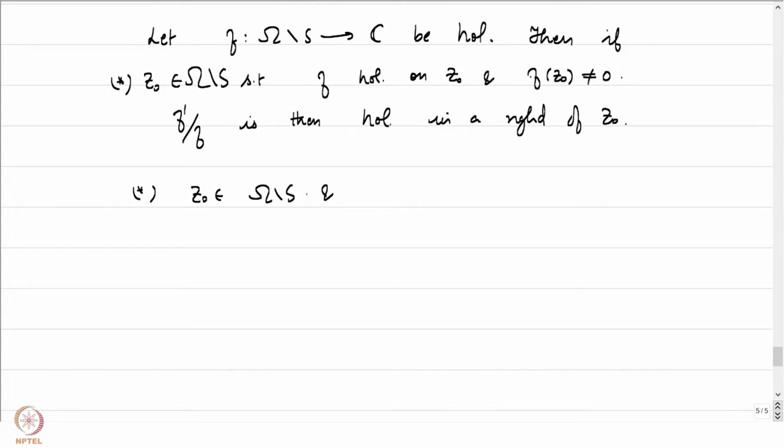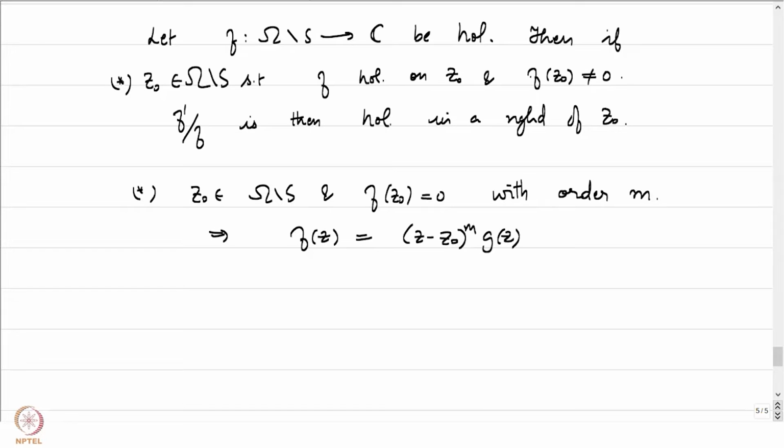So, this means that f is holomorphic at z0 and f of z0 is equal to 0 with order m, let us say. What does that mean? That means that f of z is equal to z minus z0 to the power m times g of z, where g of z0 is not equal to 0. That is what it means for z0 to be a 0 of order m.